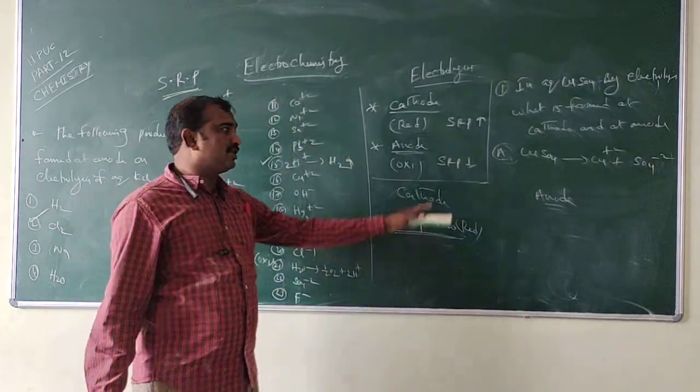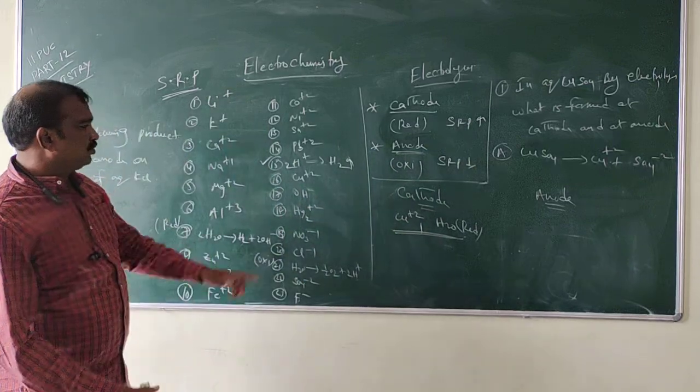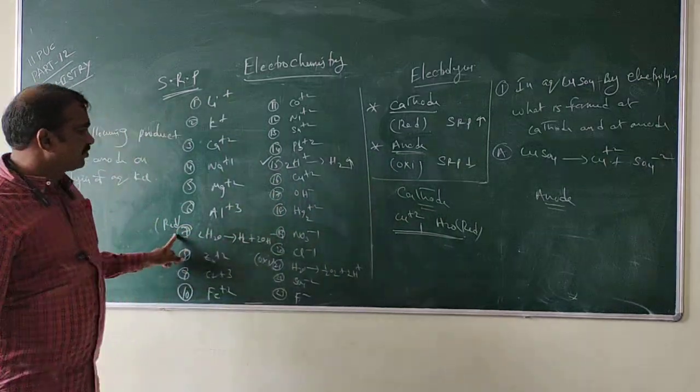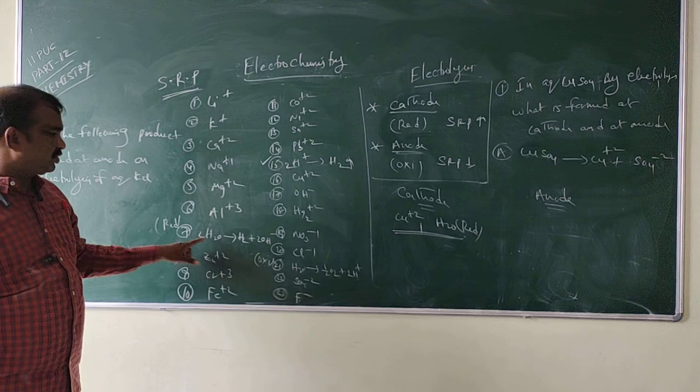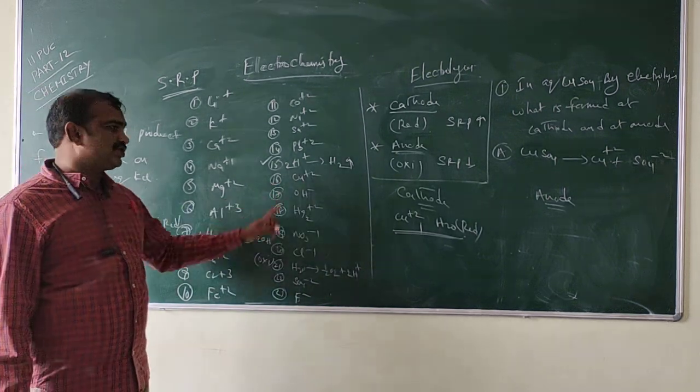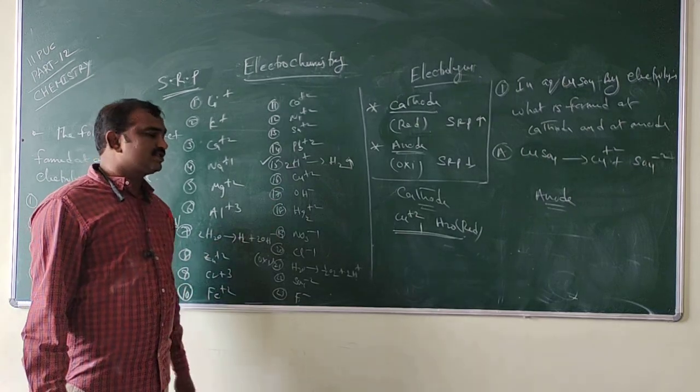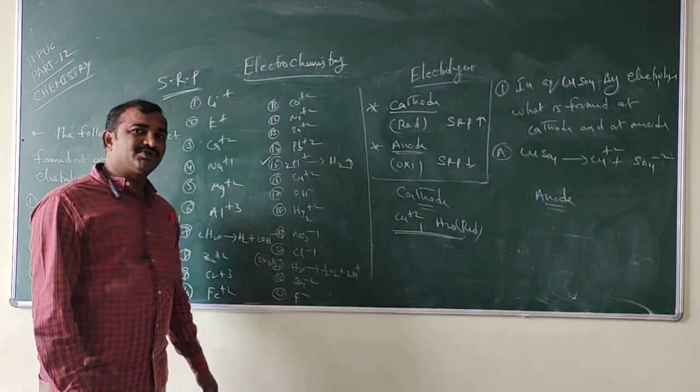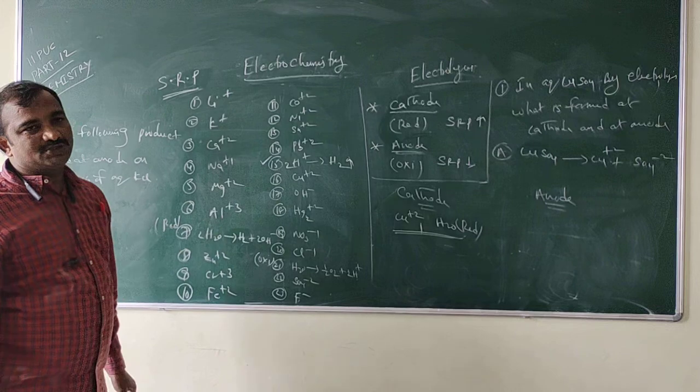At the cathode, reduction takes place. Among Cu2+ and H2O reduction, which is having more SRP value? H2O reduction number is 7, and Cu2+ number is 16. So Cu2+ is more.